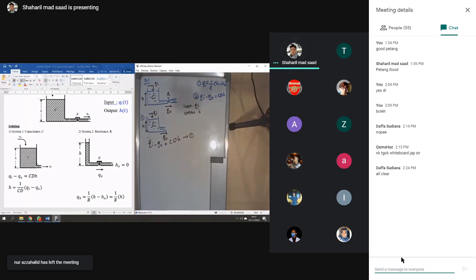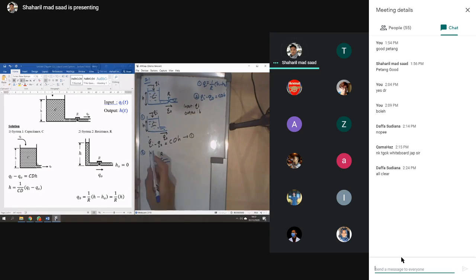Okay, good. So number 2, now after you go to the capacitance, it will go to the resistance here. Then you need to draw it again. For this system, I advise you to draw it. Okay. Then you will have the R here, and then you will have the Q naught here, right?